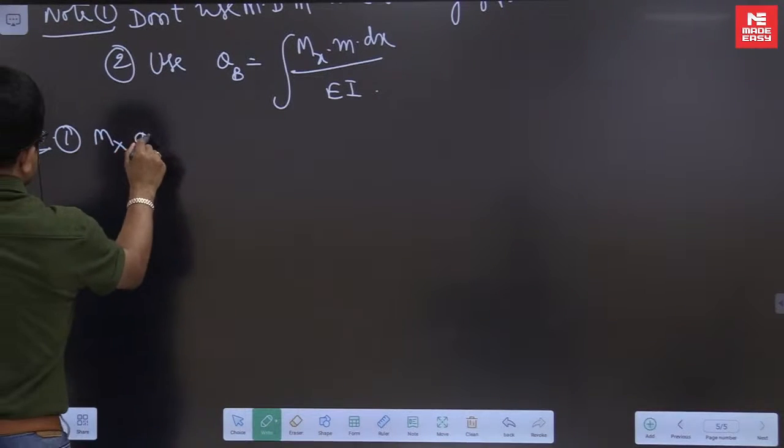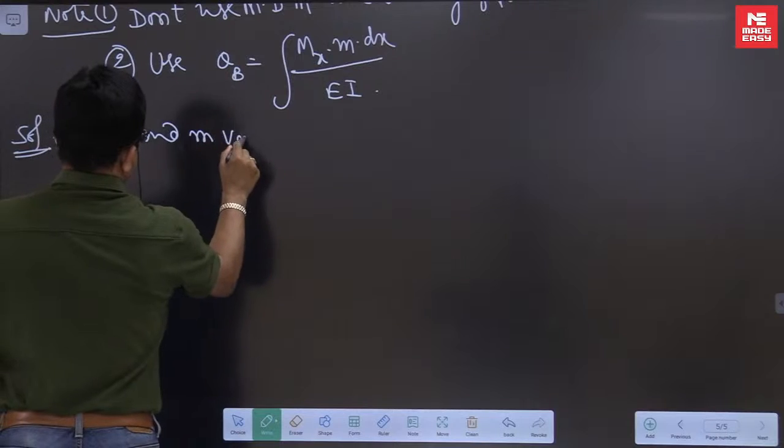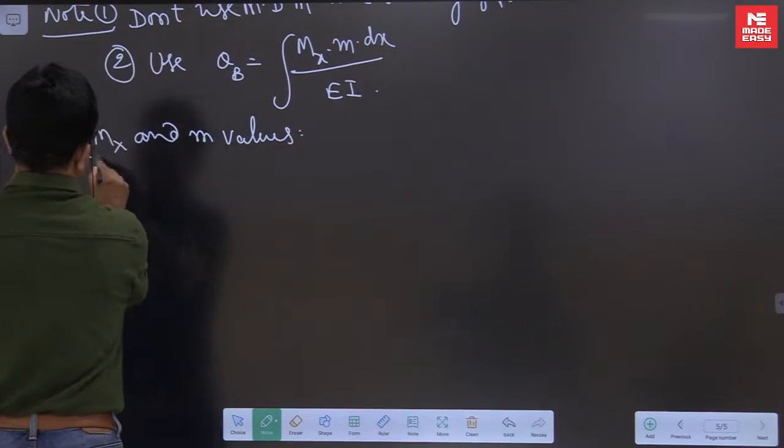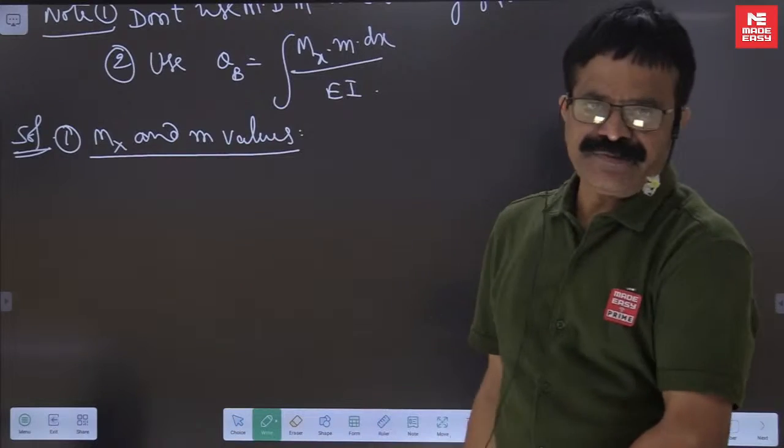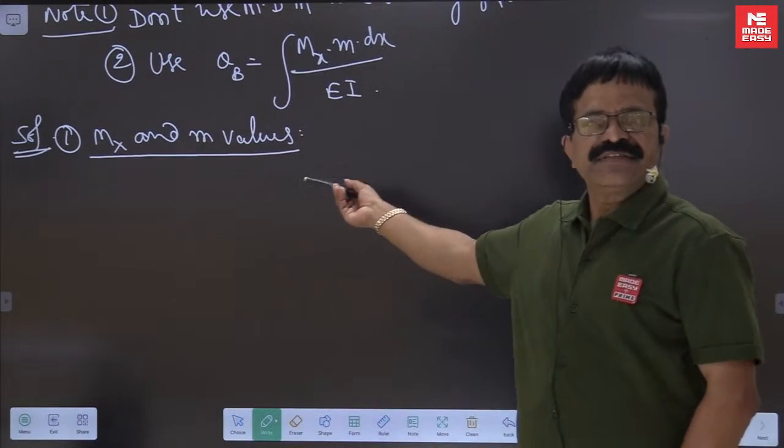First one is Mx and m values. I am assuming that if you have a time of say 1 minute, you want to do it, you are doing like this.